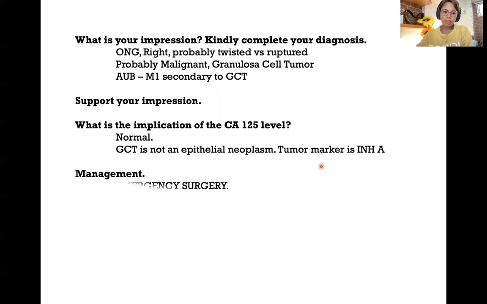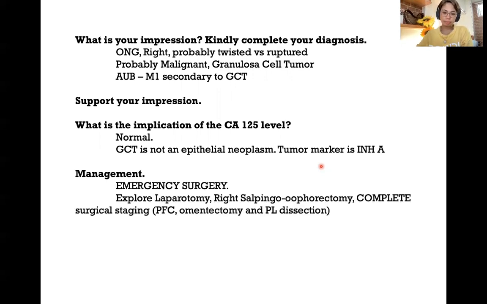Management: emergency surgery, definitely, because this is an ONG that is complicated. We do exploratory laparotomy, because we are suspecting malignancy in a reproductive age woman. Look at the age again, future reproductive plans. We do fertility sparing surgery, USO, unilateral salpingo-oophorectomy.